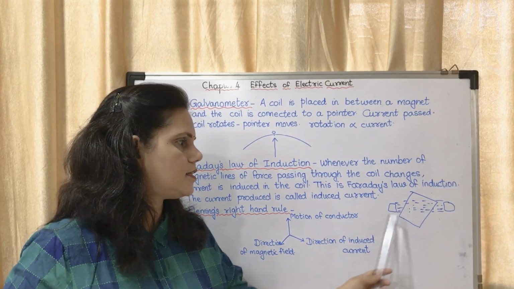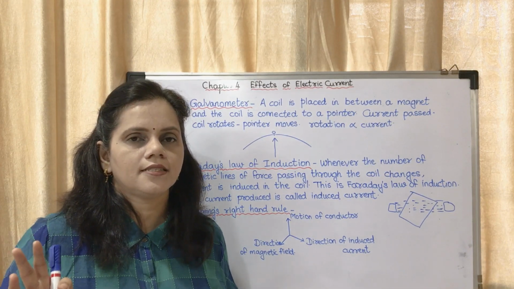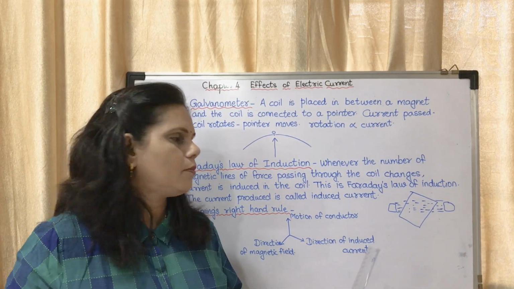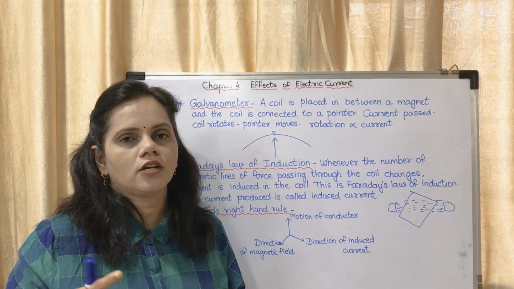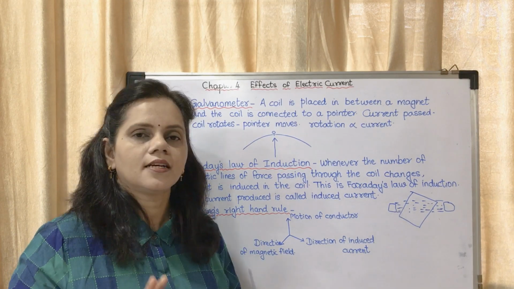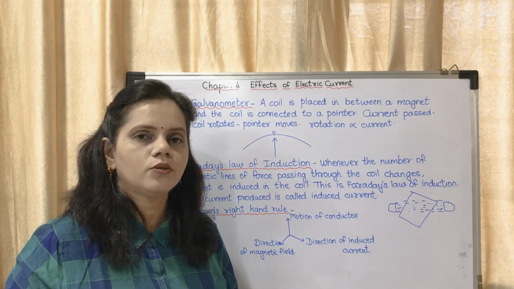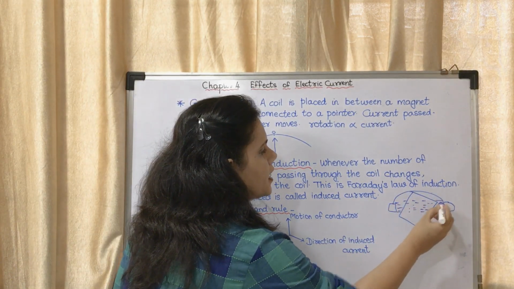In simple words, there is a magnetic field, there is a coil, and the electrons are sitting simply, not doing any work. But if the coil is moved in this magnetic field, the electrons start moving. Understood? That is induction, that is induced current. So here the magnetic lines of force are like this.